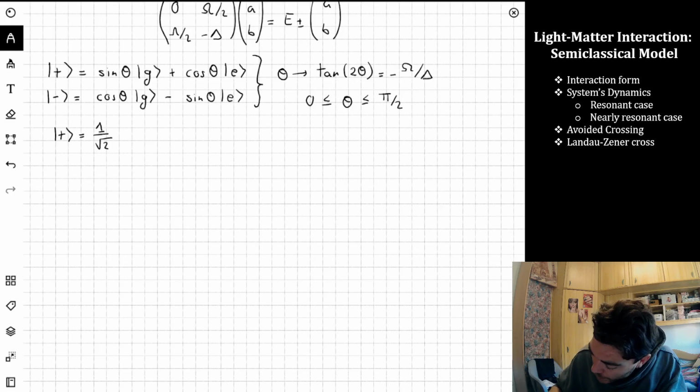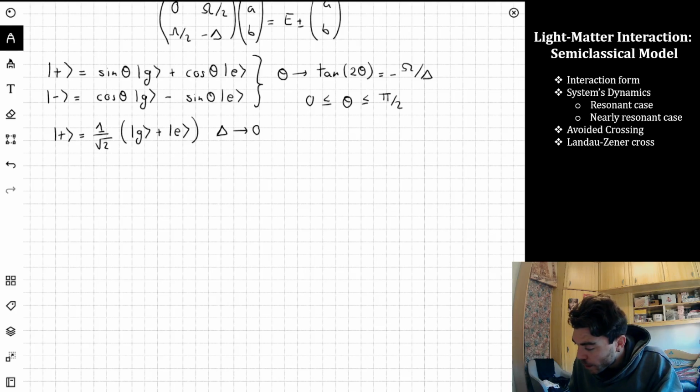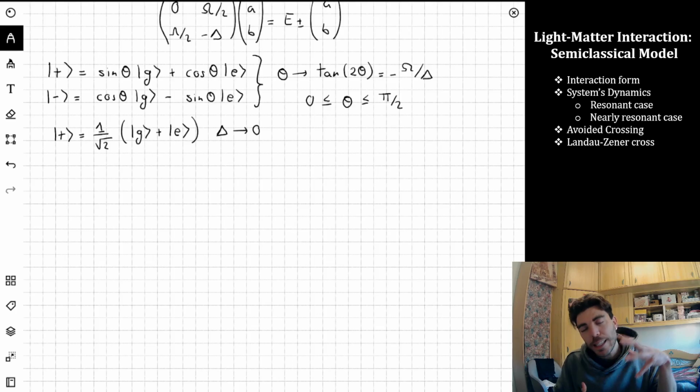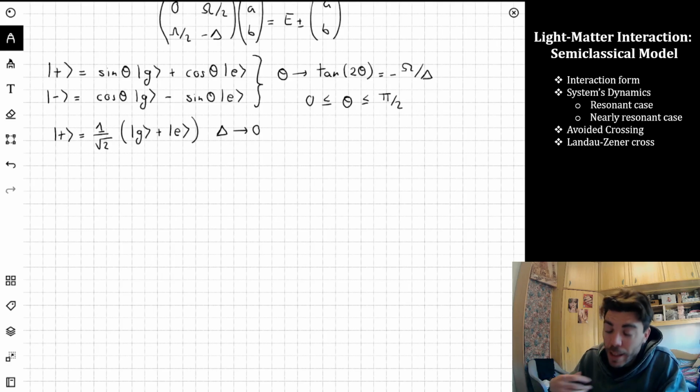So one gets exactly an equal superposition of G and E when the detuning goes to 0. And this means that when the detuning is 0, the states are maximally mixed. So the light is maximally mixing the ground state and the excited state. And these are the new eigenstates of the system.